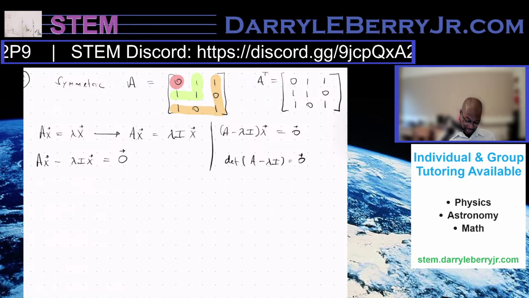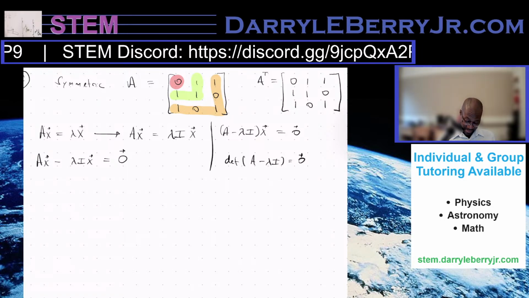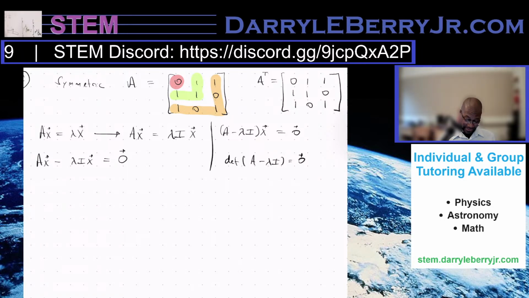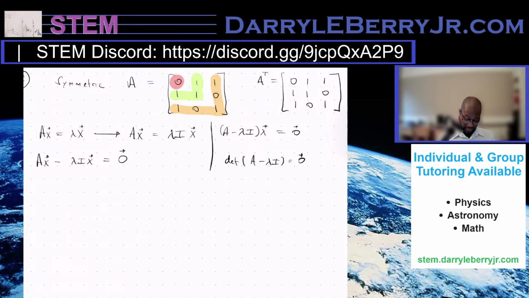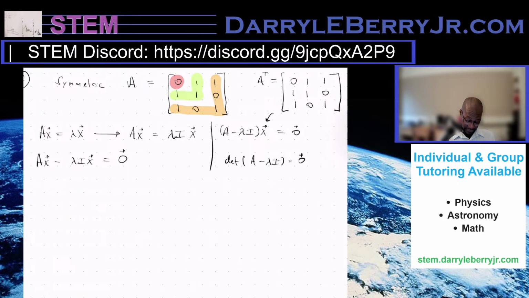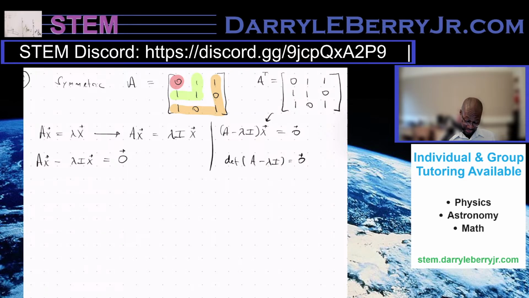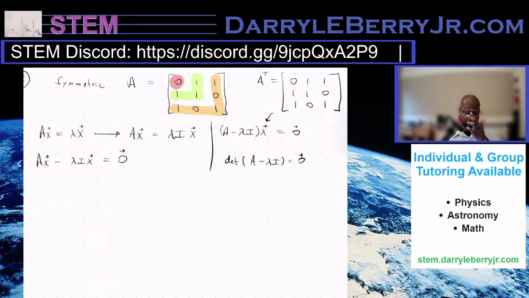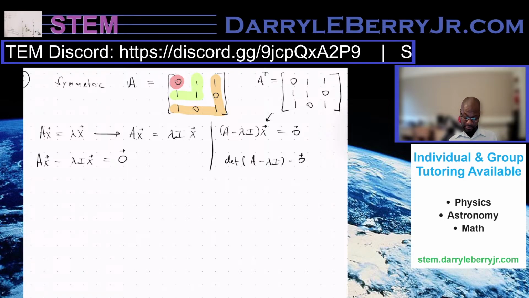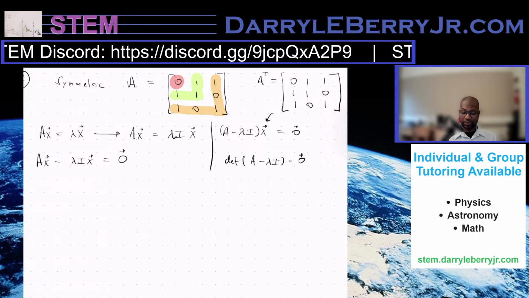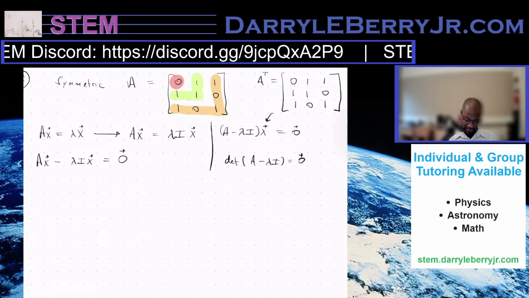Because if the determinant of A minus lambda I is not 0, then the only way we can get a null space of that matrix is for x to equal 0. If we want a solution, a null space that's not the 0 vector, the determinant has to equal 0 as a property of determinants.